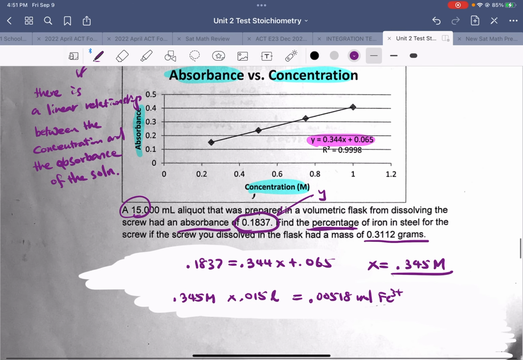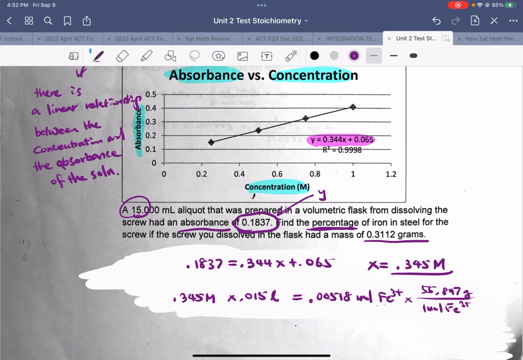Then I need the molar mass of one mole of Fe3+. If you use a periodic table, that's 55.847 gram.